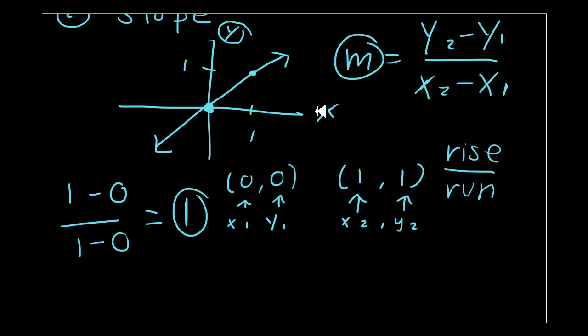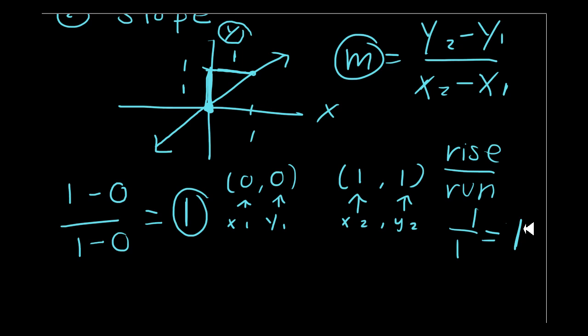So what is the rise over run of this graph? We rise to the first point, and we run to the first point. It goes up 1, and it runs 1. So rise over run is 1 over 1. So you can also prove by rise over run that the slope of this graph equals 1.